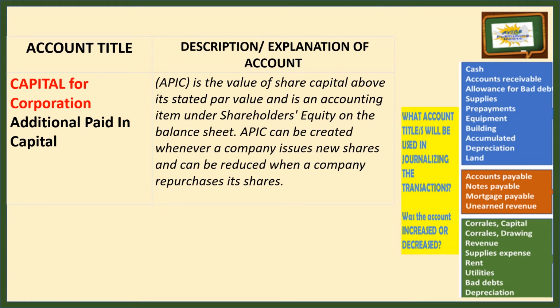Additional paid-in capital is the value of share capital above its stated par value and is an accounting item under shareholders' equity on the balance sheet. Additional paid-in capital can be created whenever a company issues new shares and can be reduced when a company repurchases its shares.